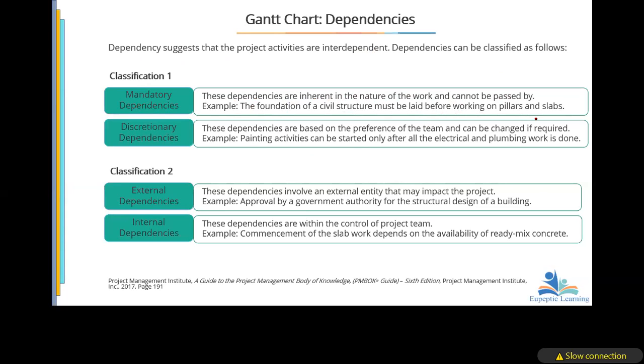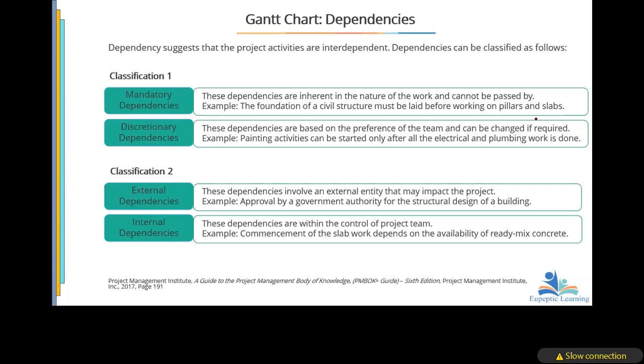It is mandatory. Then discretionary dependency means that we can use our discretion. They are based on the preference of the team and can be changed if required. Painting activities can be started only after all the electrical and the plumbing work is done. Typically, that is it, right? But we can toggle between.